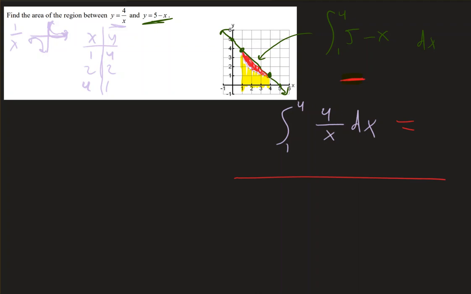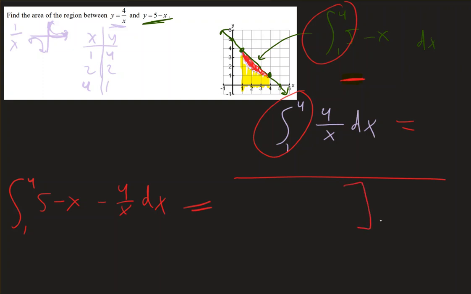So you can always just do the area under the top curve minus the area under the bottom curve. So for us, notice these have the same bounds. So I could push this together if I wanted to. We got a 5 minus x minus a 4 over x dx.